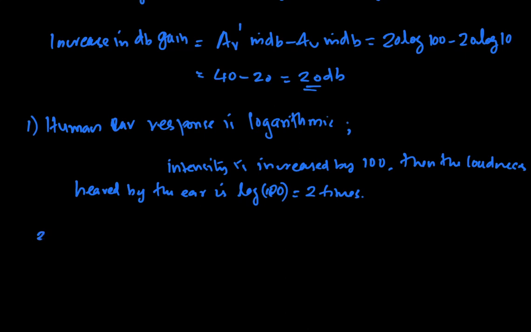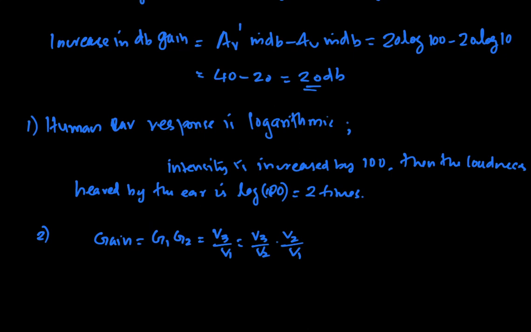The other reason is that if we consider the multi-stage amplifier, suppose 2 stages are there, then the ordinary gain is given by the product of the 2 gains G1 into G2, or the voltage gain is given by V3 by V1, which is equal to V3 by V2 into V2 divided by V1.